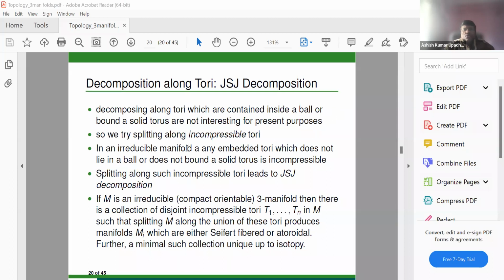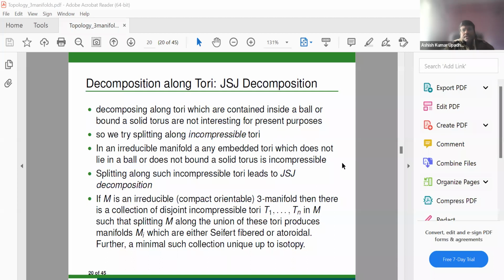In an irreducible manifold, any embedded torus which does not lie in a ball or does not bound a solid torus is incompressible. This is a known result. Splitting along such incompressible tori leads to a decomposition of manifolds which is known as JSJ decomposition.